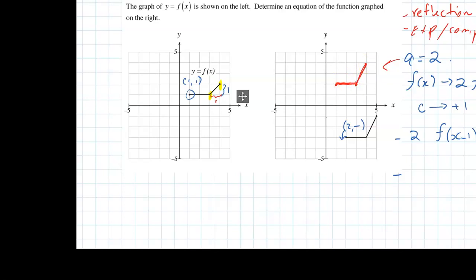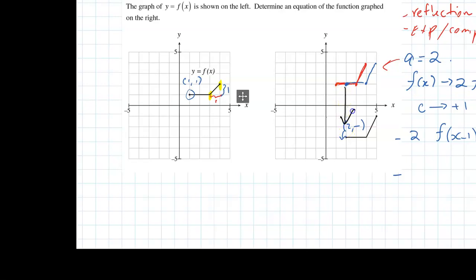But then notice that it has dropped down, so it has moved again. It moved 1 unit again, this way. Here it is. So that is your plus 1. And then it has dropped. How much has it dropped? 1, 2, 3, 4, 5.